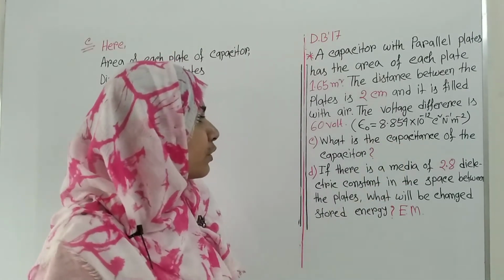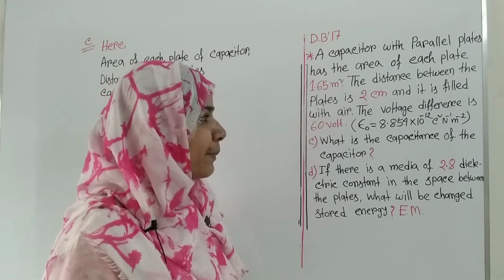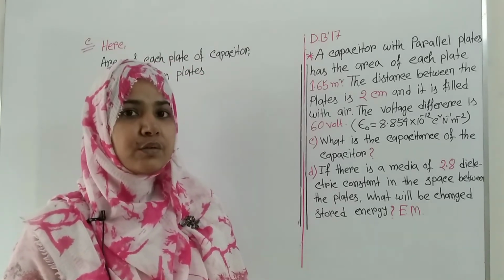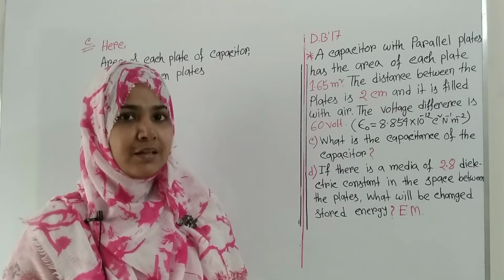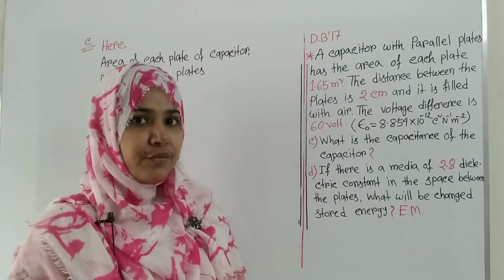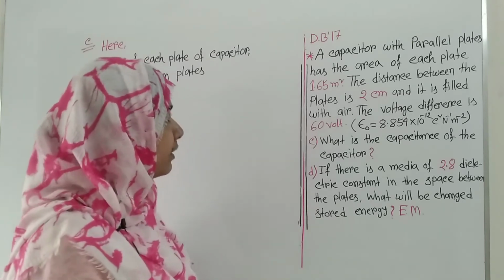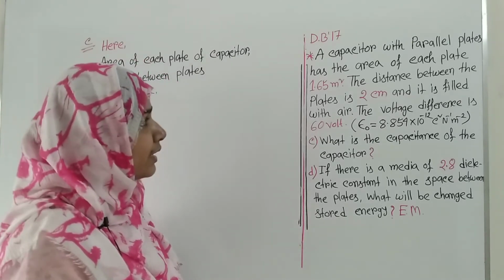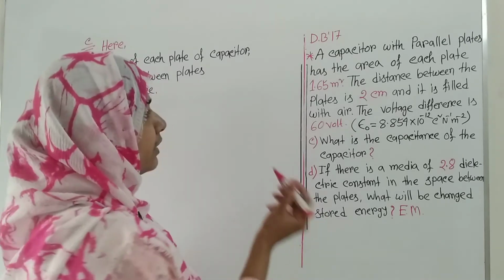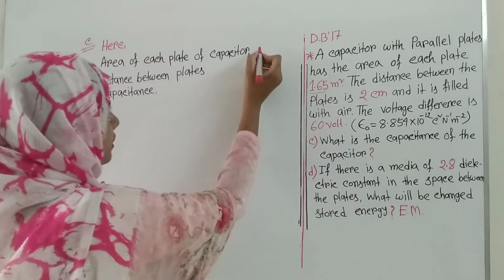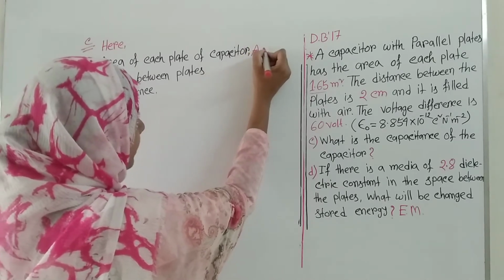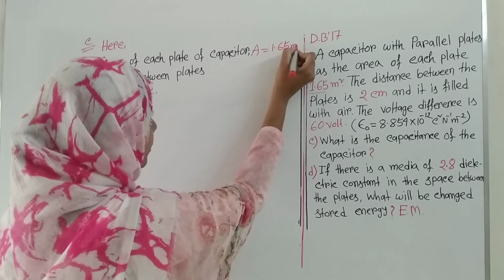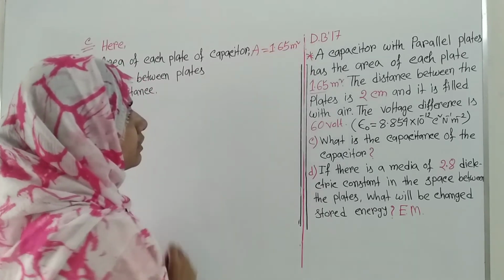Now question C, what is the capacitance of the capacitor? So we have to calculate the value of C, and the given information for question C are the area of each plate of the capacitor. Here you can see that the value of area A is 1.65 meter square.